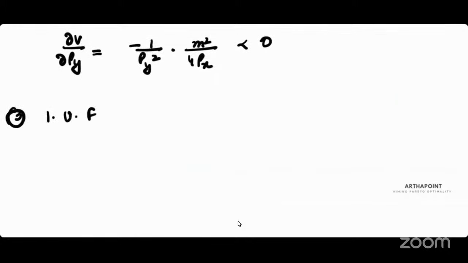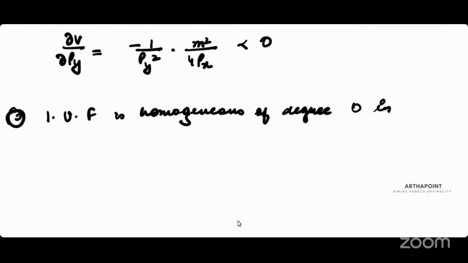The indirect utility function is homogeneous of degree 0 in price and income. Let's understand what homogeneity is.